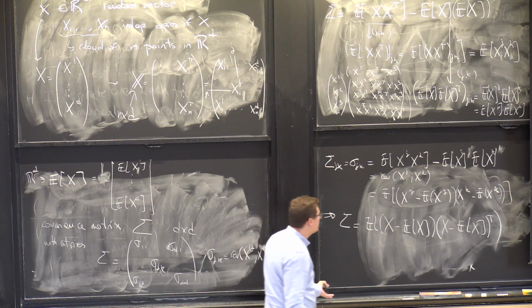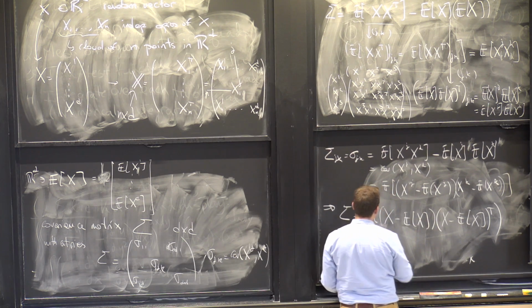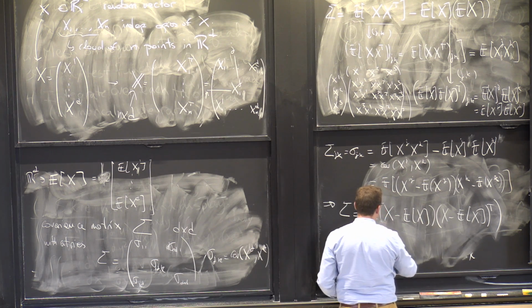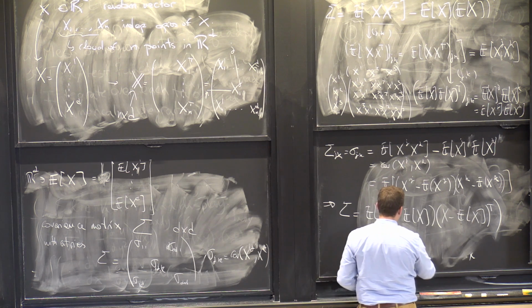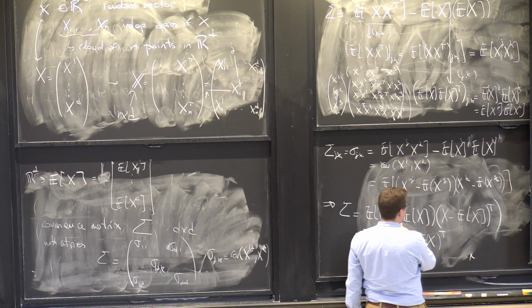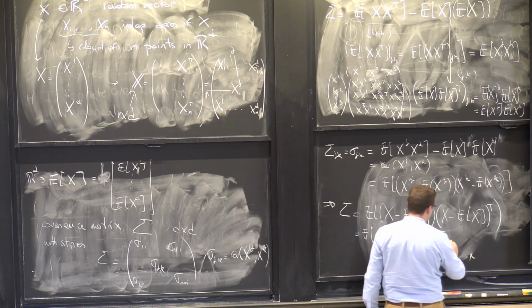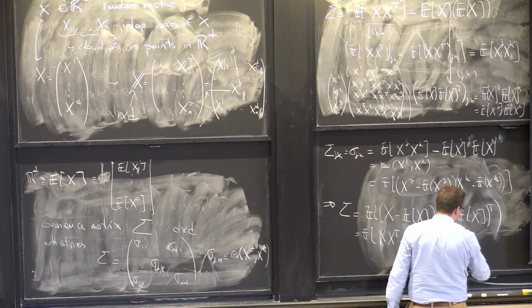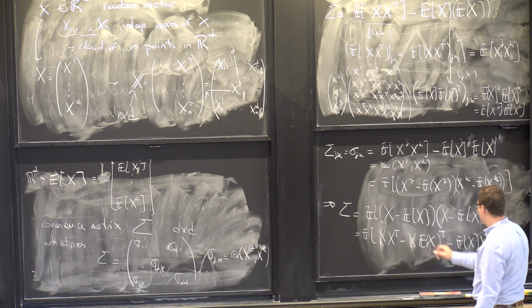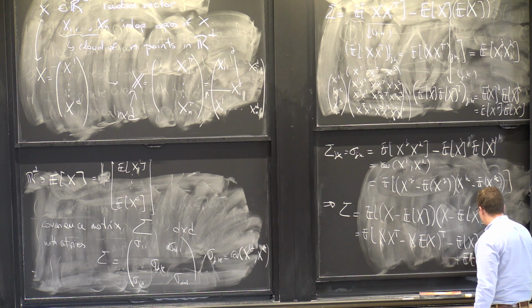Right? And the reason is because if you just distribute those guys, this is just the expectation of, well, x x transpose minus x expectation of x transpose minus expectation of x x transpose. And then I have plus expectation of x expectation of x transpose.